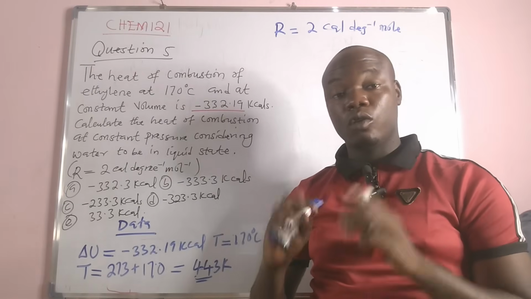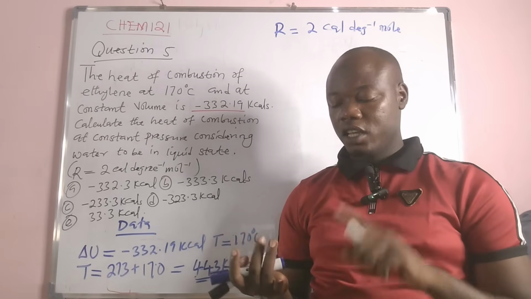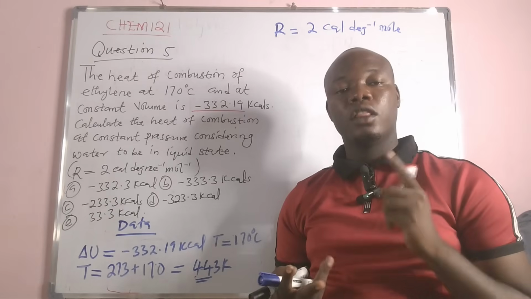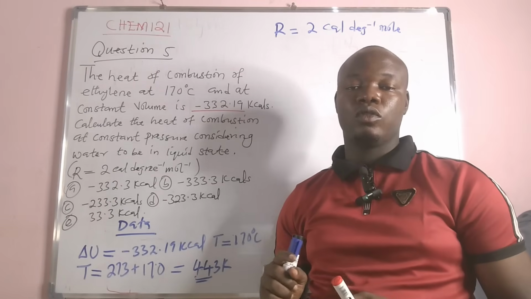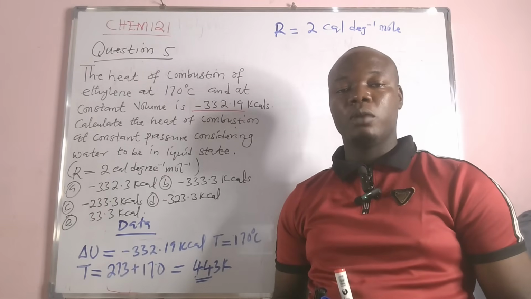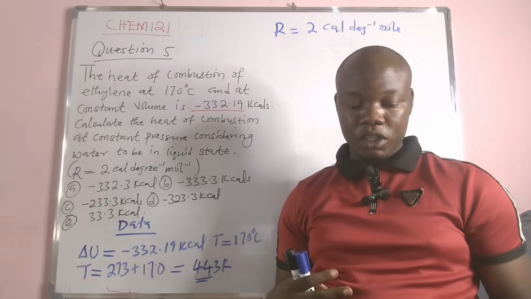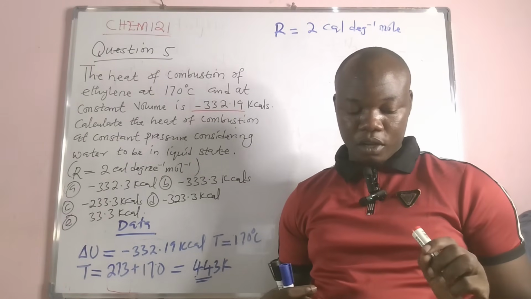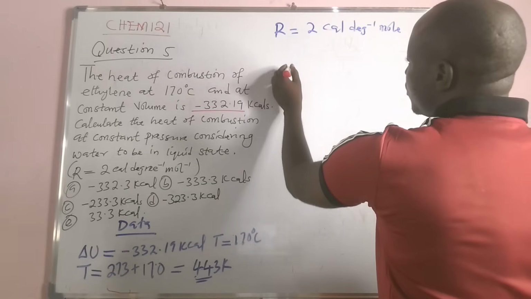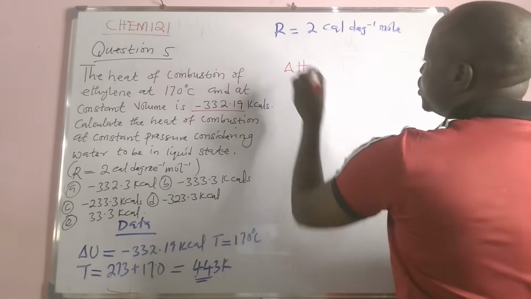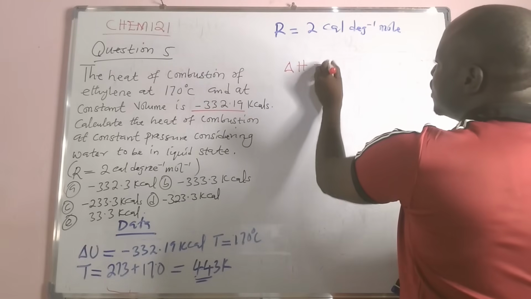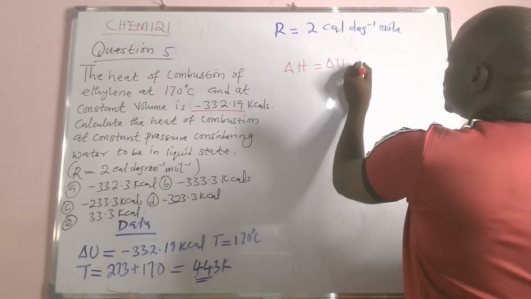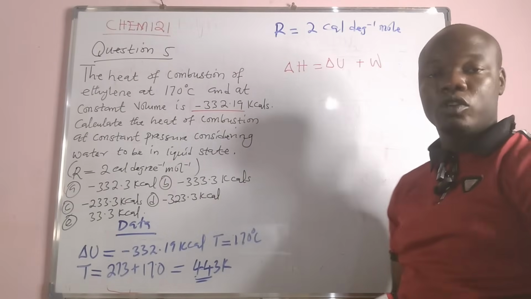I actually stated all the 3 laws of thermodynamics: the first law, the second law, the third law, and even the zeroth law. And then very importantly, we have a formula that shows the relationship between the enthalpy, the internal energy, plus the work done.